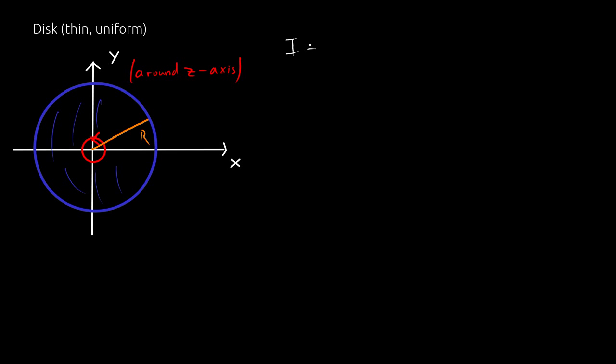So I equals the integral over the whole mass, let's say, r perpendicular squared dm. And in our case, we are building the surface area up from these tiny rings.